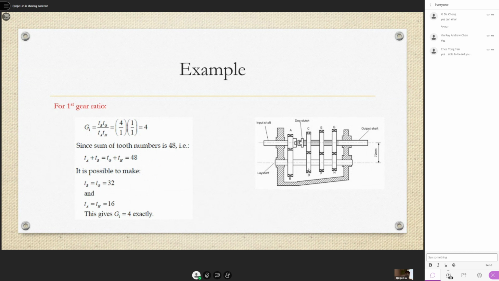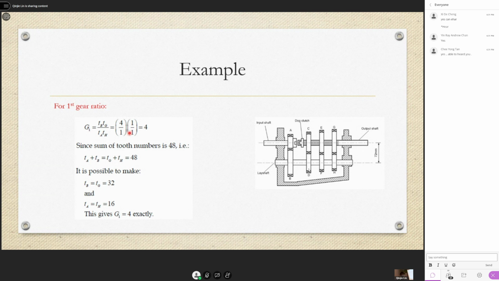And from here, this question needs some trial and error. Okay, so they say it is possible to make TB and TG equal to 32. That means the number of teeth on B and G is 32, and the number of teeth for A and H is 16. Okay, so it's like trying to fit the criteria to see whether it makes sense or not.